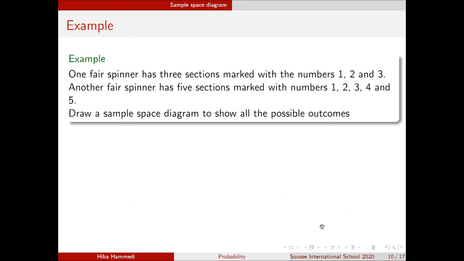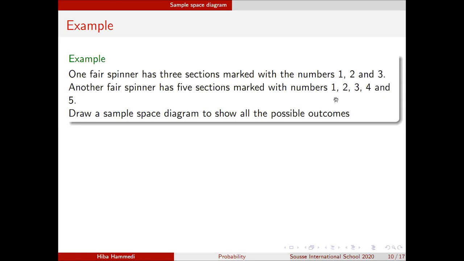Right, let's take another example to understand this further. One fair spinner has 3 sections marked with numbers 1 to 3. Another fair spinner has 5 sections marked from 1 to 5. Now, instead of having a coin and a dice, I have spinners here, right?